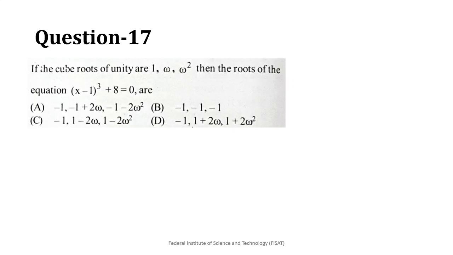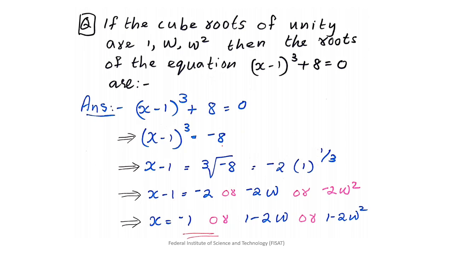So in this particular question, the cube roots are given as 1, omega, omega square. Then you are asked to find the roots of the equation: x minus 1 the whole cube plus 8 equals 0. So x minus 1 the whole cube is equal to minus 8, or x minus 1 equals the cube root of minus 8, which is minus 2 into 1 raised to 1 by 3.